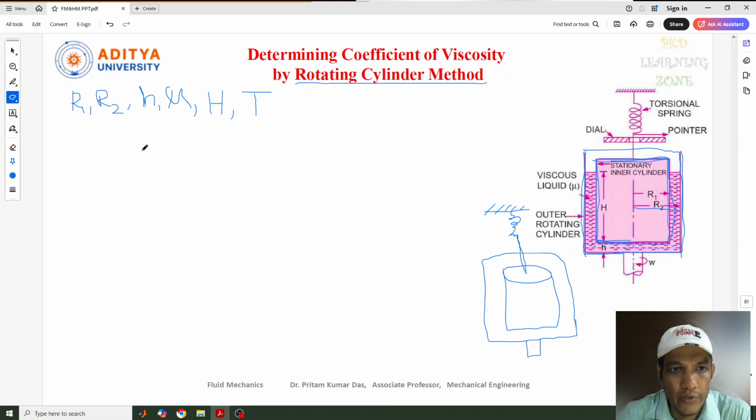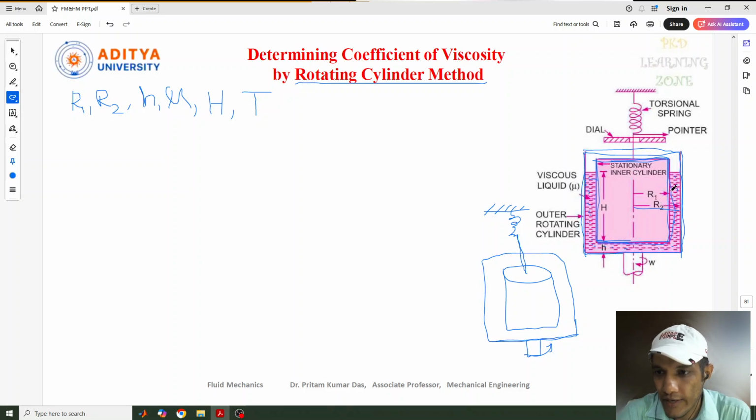Before going to the derivation of this viscosity, I'll give a small brief about how it works. The shaft or pulley which is connected to the outer cylinder is going to be rotated. When this rotates, along with it the fluid which is present here also is going to be rotated, but the inner cylinder is going to be fixed.